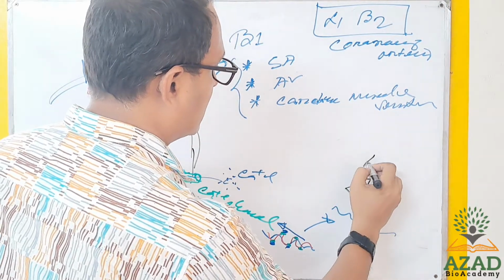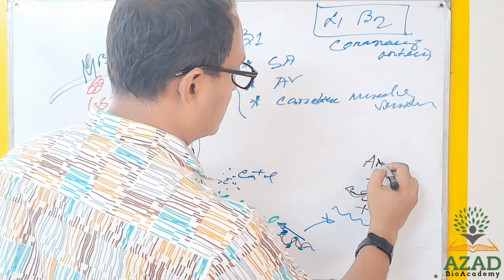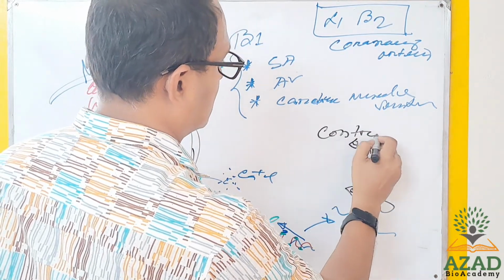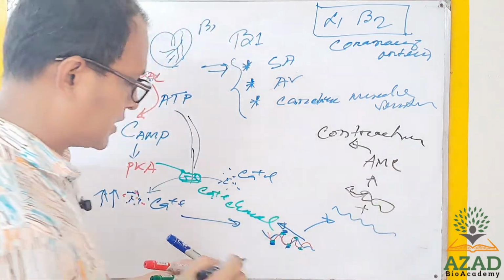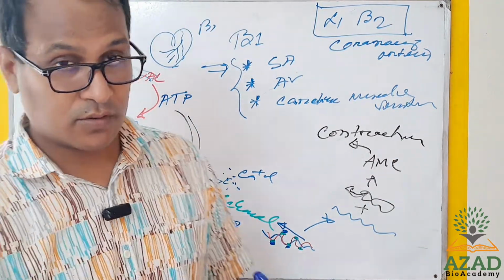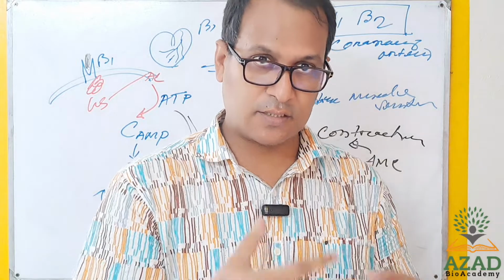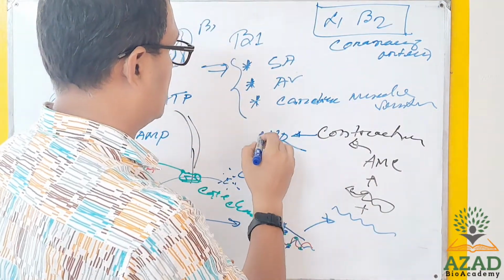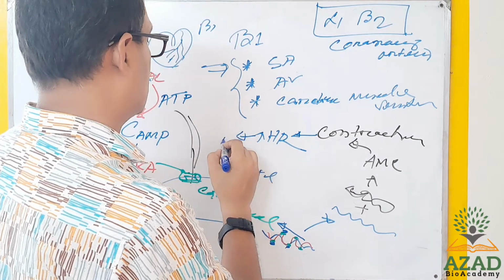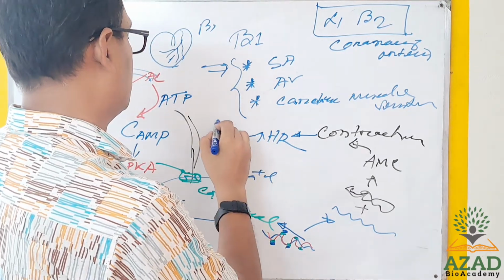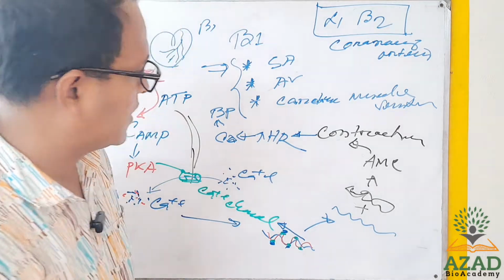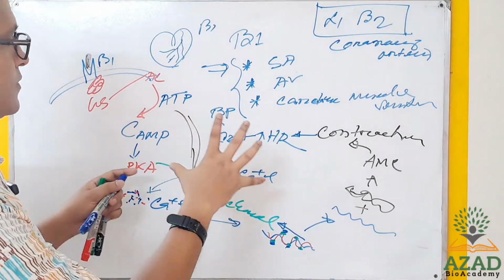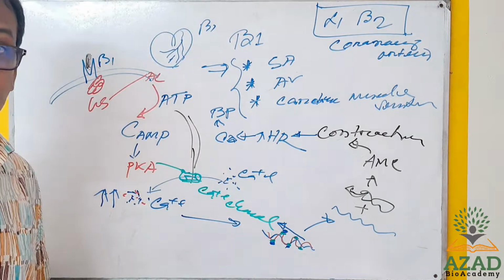It will make the actin myosin complex, and it will cause contraction. So when cardiac muscle contraction occurs, it causes an increase in the force of contraction, that is the inotropic effect, and it will increase your heart rate. Okay, and it will increase your cardiac output and increase the BP. Okay, so this is all about the beta 1 receptor activity related to the heart.